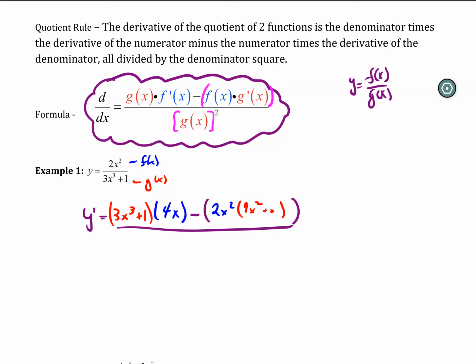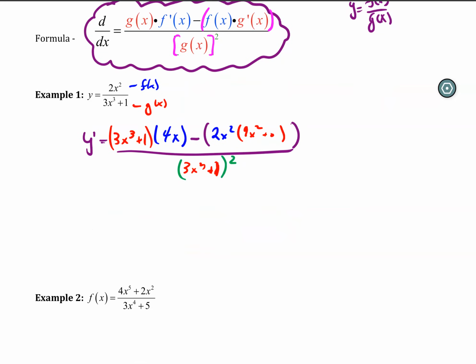and again, we're going to take the 3x cubed plus 1, and that whole thing is going to be squared. All right, now all I'm going to do is just kind of simplify this and rewrite this as best as I can. Again, because I have monomials, it's an easy kind of combination here. So I've got 12x to the fourth plus 4x minus, there's no need to distribute because it's just plus 0.